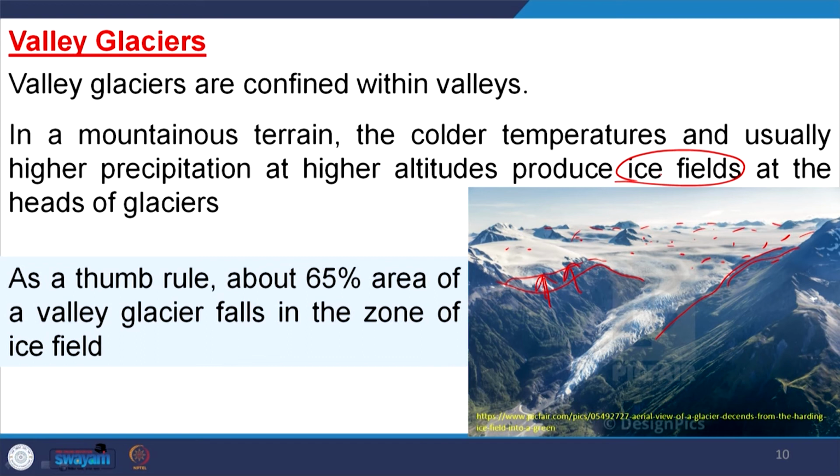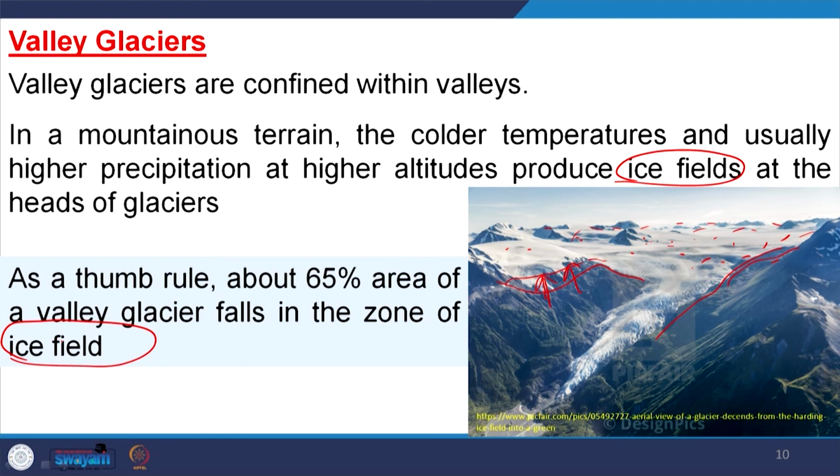Glaciers are fed ice from these ice fields. As a thumb rule, about 65% of the area of a valley glacier falls in the zone of ice field. So, here the ice field plays a major role, because to feed a valley glacier we need a continuous supply of ice, otherwise ablation will occur and the valley glacier will finally vanish.